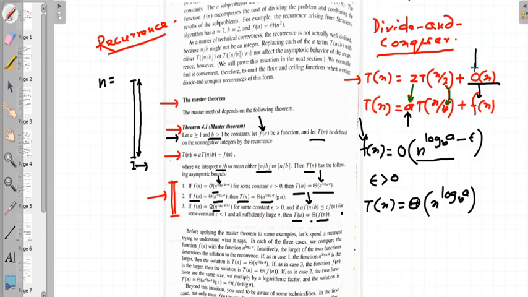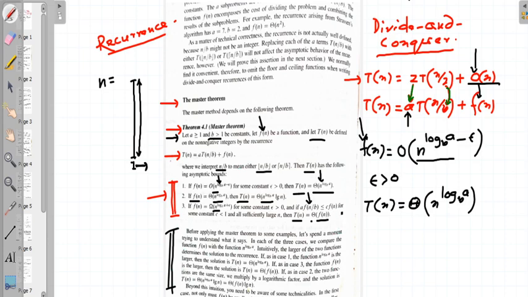Whatever is coming here, this f(n), that will be reflected in the solution. So these are the three conditions that are discussed here as well. Whatever we have discussed is given in this segment, and you can read it out.